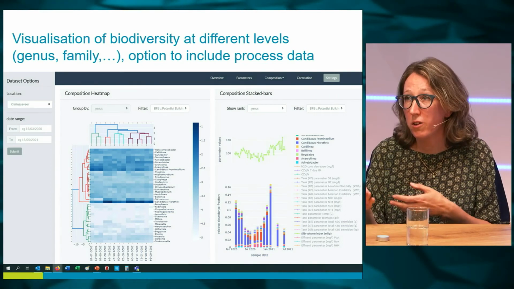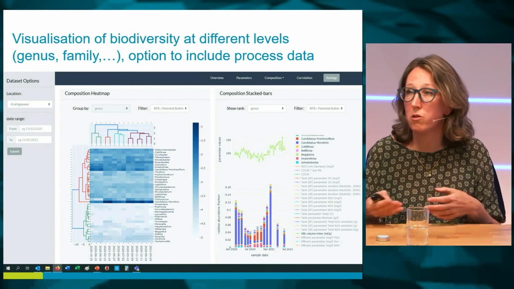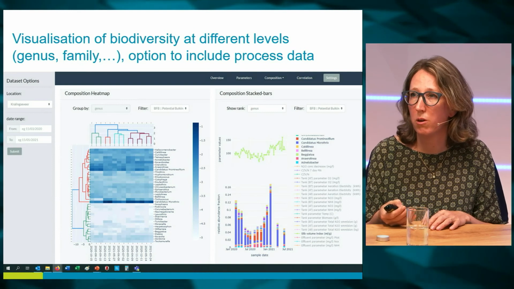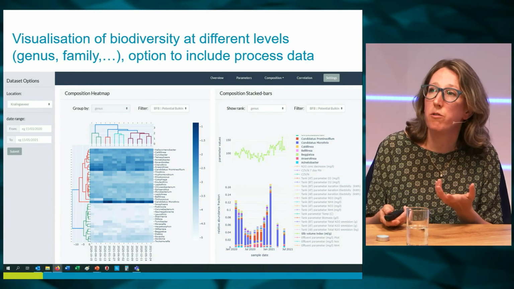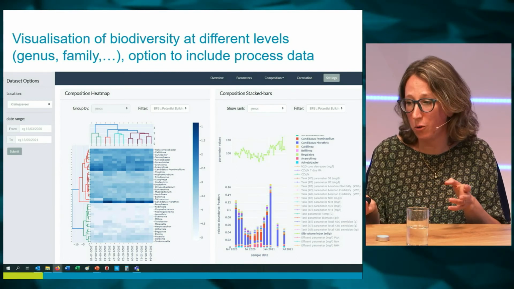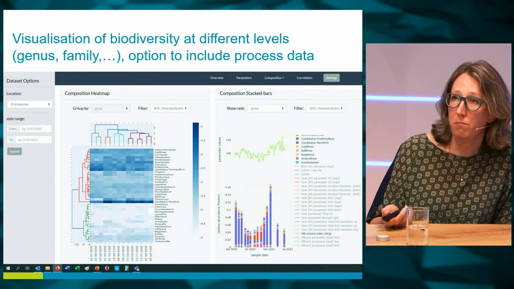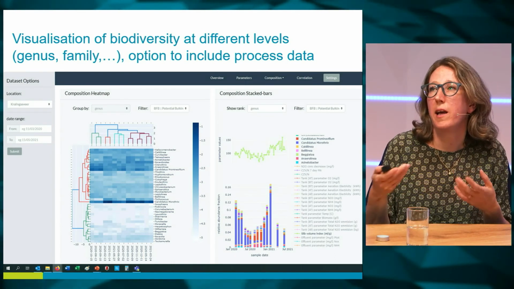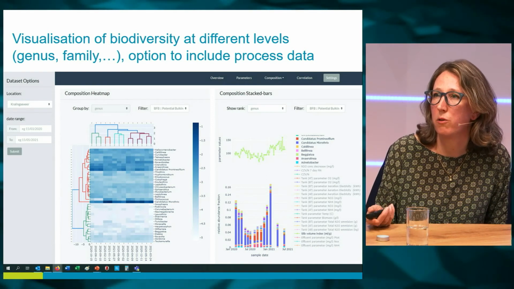You can filter this data. So we have some predetermined filters, for example, for filamentous organisms or for nitrifiers or for organisms that are involved in phosphate removal. And if you want, you can also include the process data, so temperature or concentrations of various parameters that they're measuring. And in this way, you enable the person basically to browse through their own data and look for correlations.